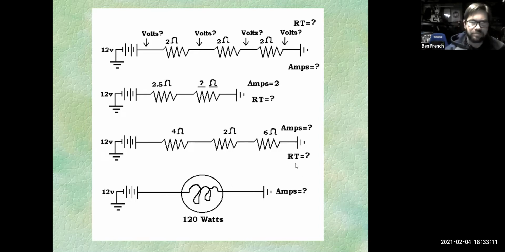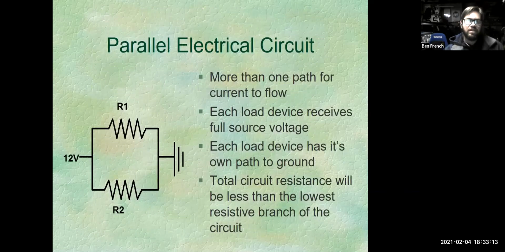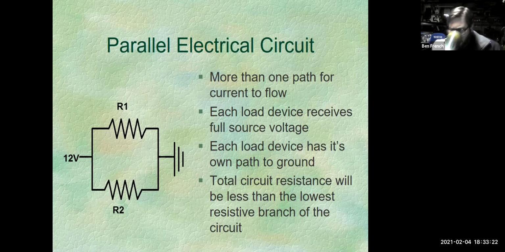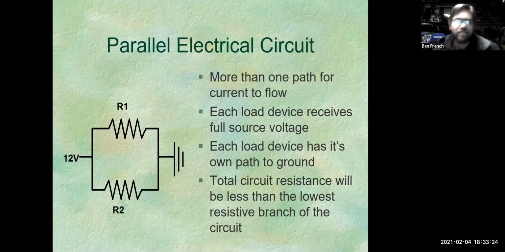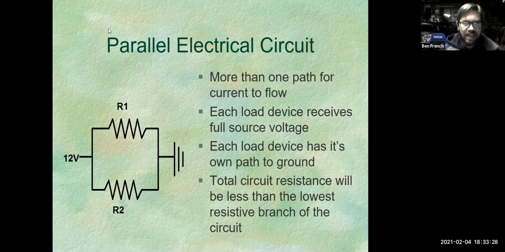Okay. All right. Well, I'll be honest with you, the series part's the easy part, guys, because when stuff gets parallel, that's when it's getting real. Parallel circuits are used all over the place on our vehicles. And the reason is, hey, there's more than one path for the current to flow. So like if resistor 1 here took a dirt nap, right?